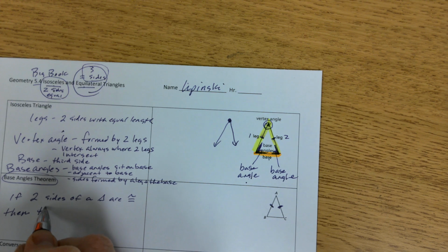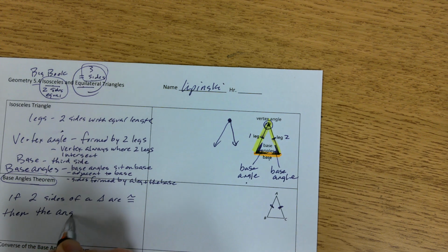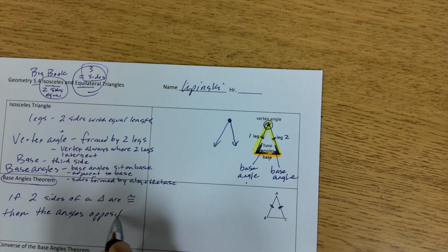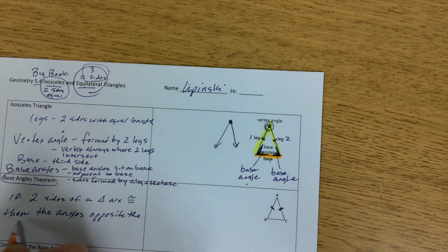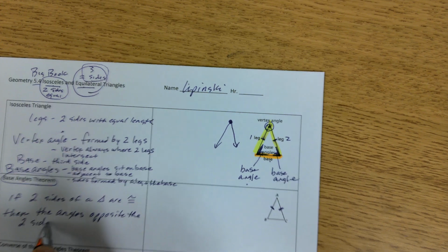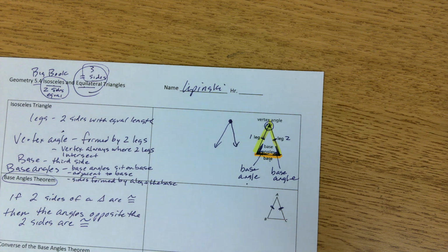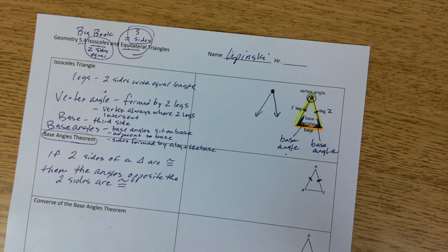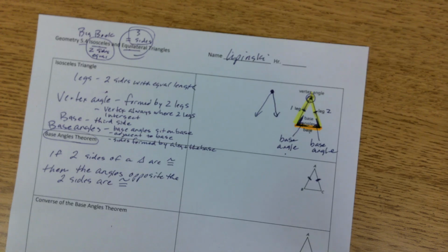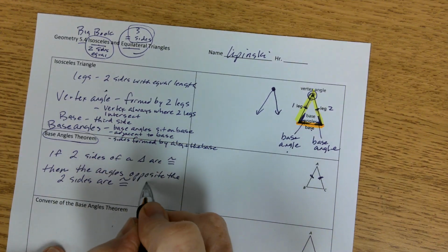And I'll show you what I mean. If two sides of a triangle are congruent, then the angles opposite the two sides are congruent. And these are the base angles.